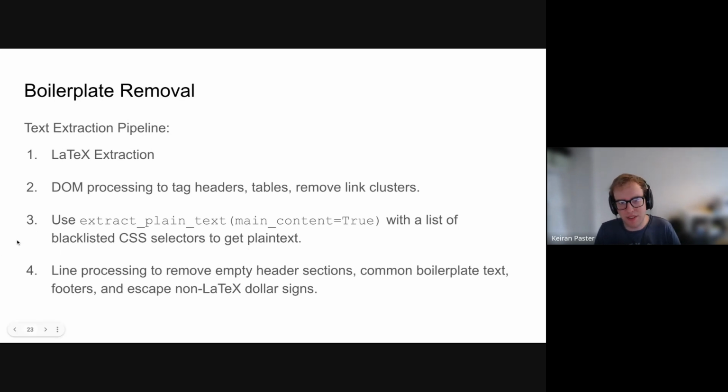Finally, we have post-processing, which removes empty header sections, common boilerplate text, and footers, and escapes all the non-LaTeX dollar signs in the document. So this is the whole text extraction pipeline, and there's definitely more to talk about here, but let's move on to filtering.